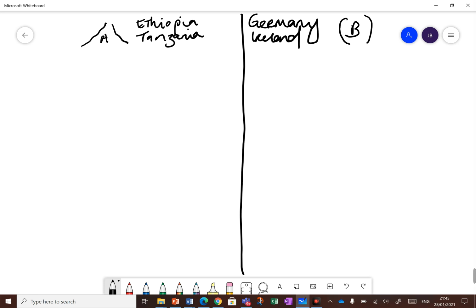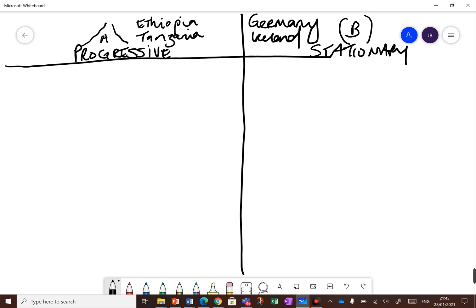Next thing we're going to do is name the types of pyramids based on their shape. So A is progressive, and that, as it says, is typical of developing countries, and B is stationary, and as it says in your notes, that's typical of developed countries. Right, and we're going to look at three different elements here, and hopefully I have enough space. So we're going to start with the base of the pyramid.